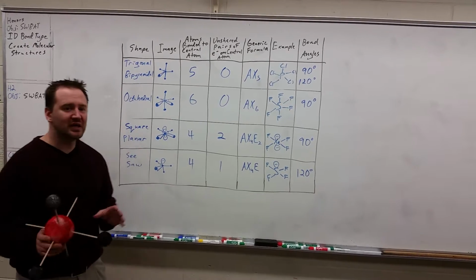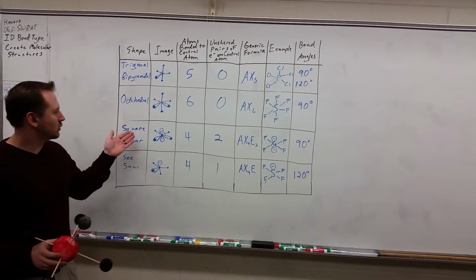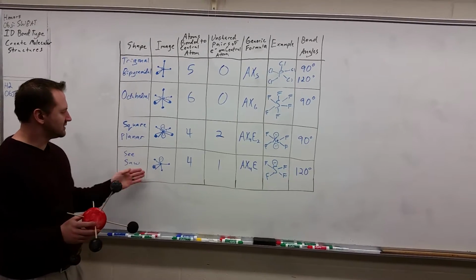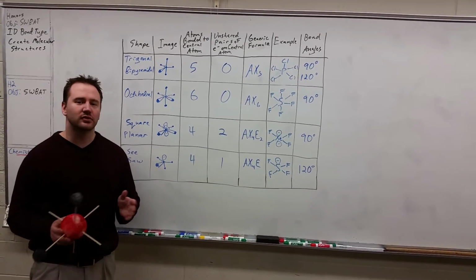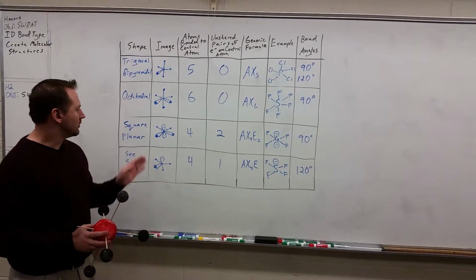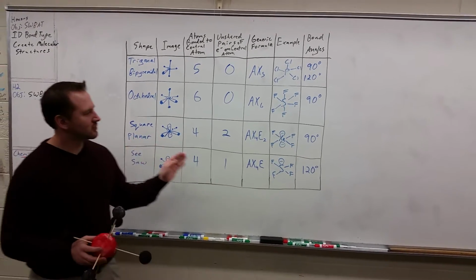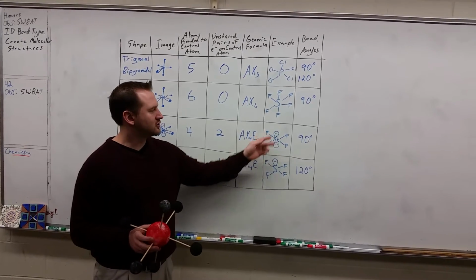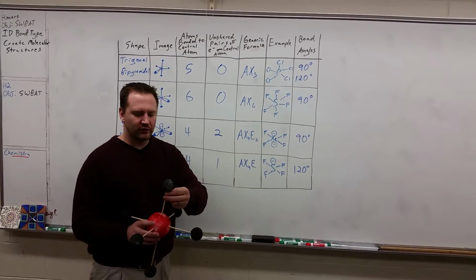Now, slight modifications to these 2 shapes. We have square planar, which is a slight modification of the octahedral shape, and we have the seesaw, which is a slight modification of the trigonal bipyramidal shape. The square planar shape is something we would get with xenon tetrafluoride, where you have 2 unshared pairs as well as 4 atoms bonded.